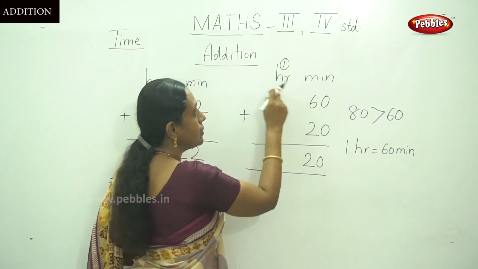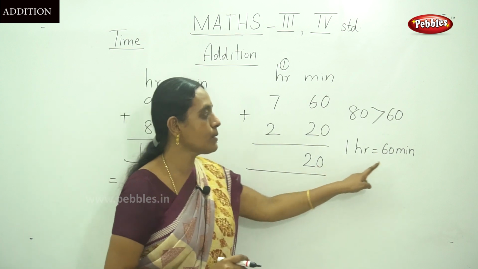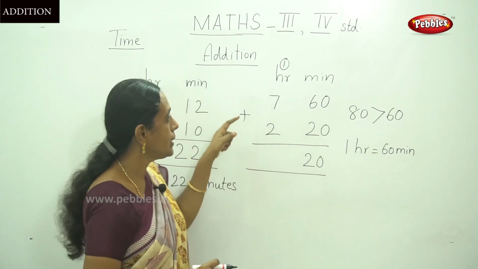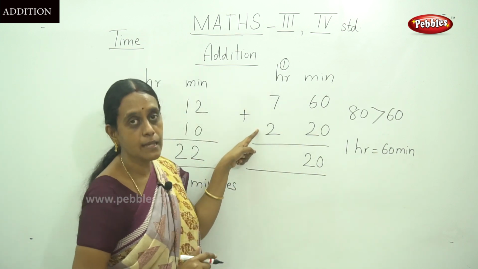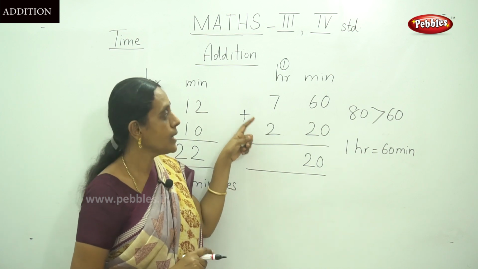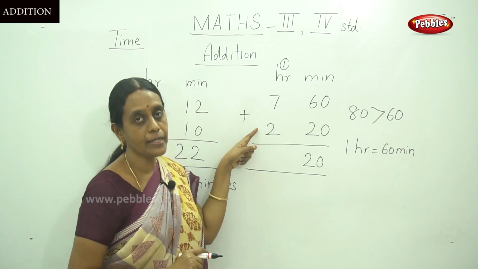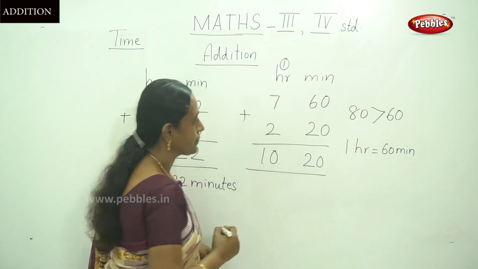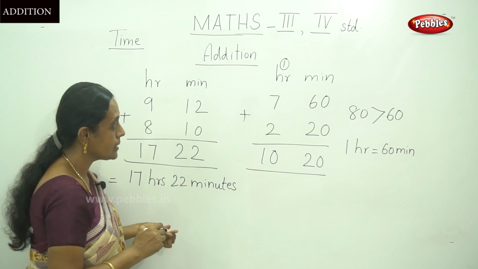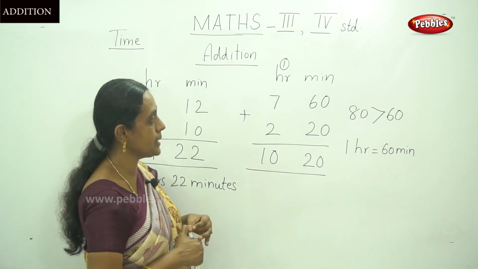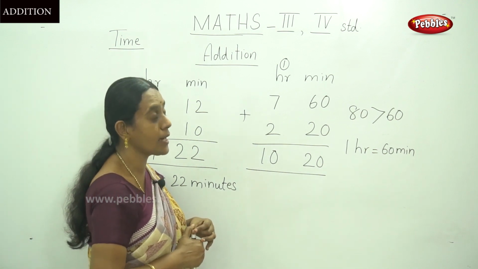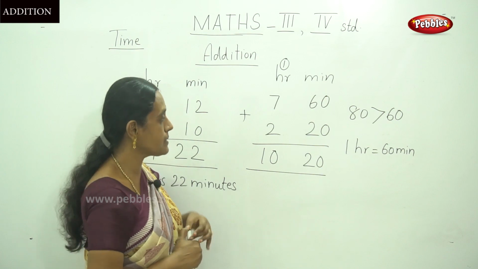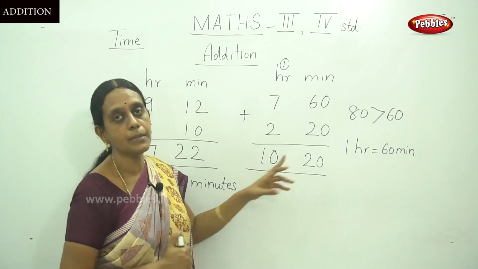Now add 7 hours and 2 hours, that is 9, and 9 plus 1 is 10 hours. So 7 hours 60 minutes plus 2 hours 20 minutes gives 10 hours 20 minutes.